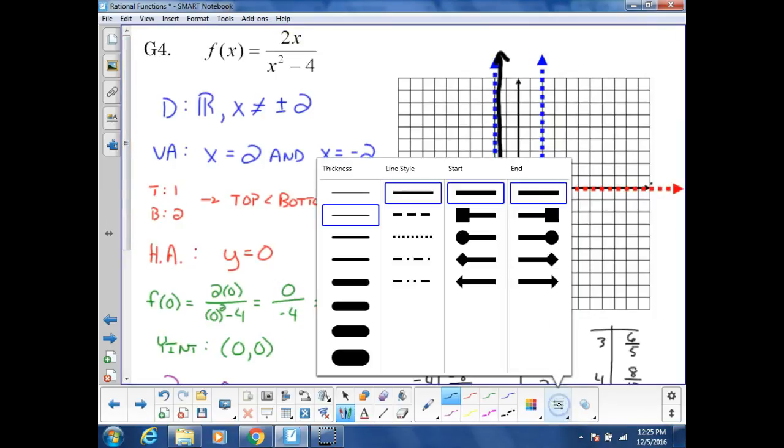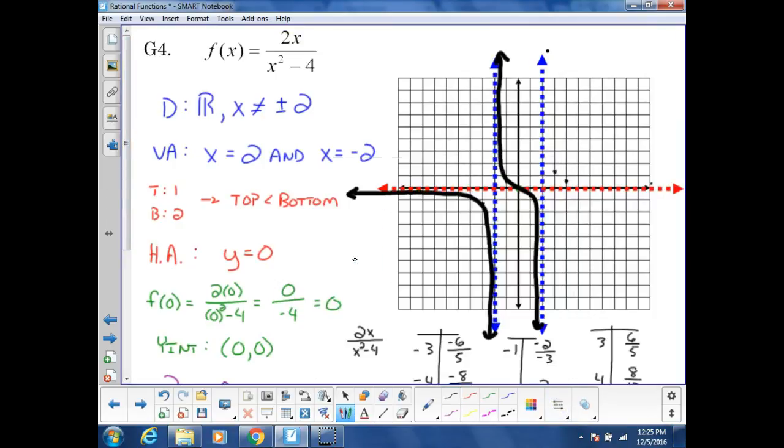So this side goes through like that. With me? Okay. So it looks like that, here, and there.